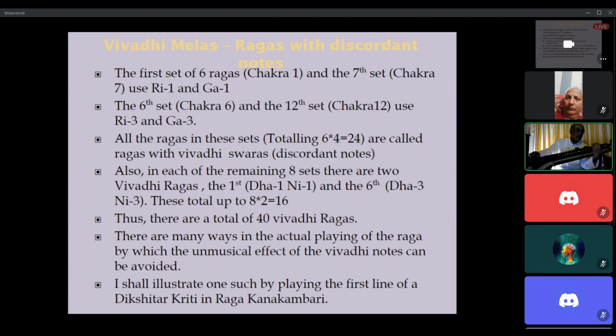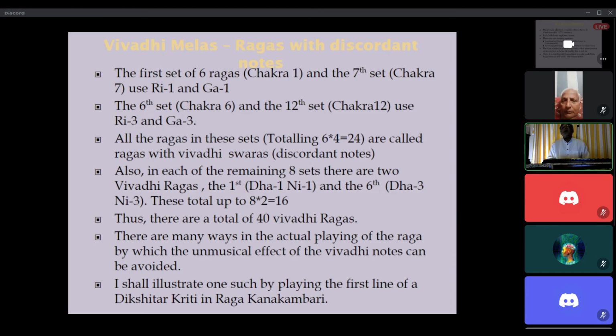Let's look at the Sa Ri Ga Ma alone. That is a discordant note also. So these are the two chakras or the two sets where you have discordance in the fact that you're using R3 and G3, meaning the third note of Ri and the third note of Ga.